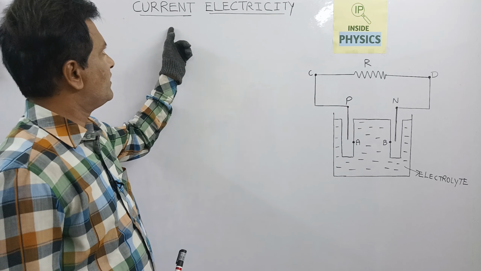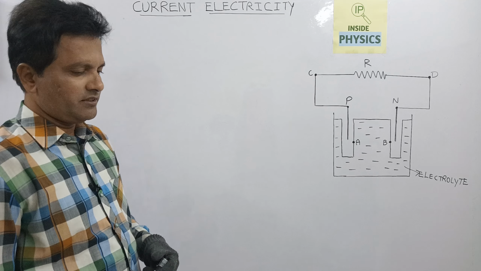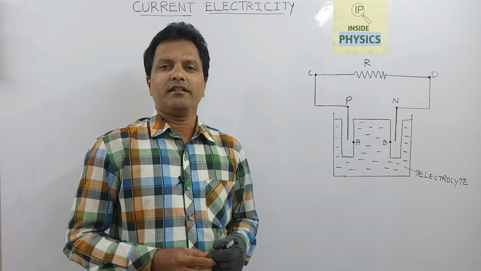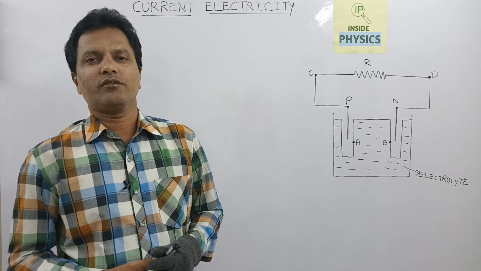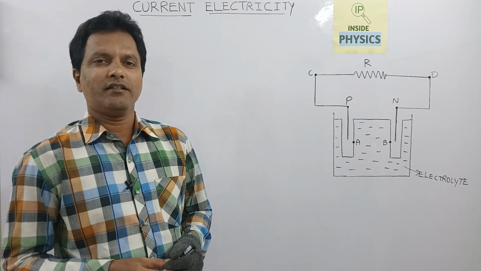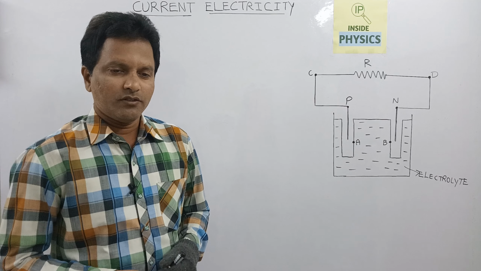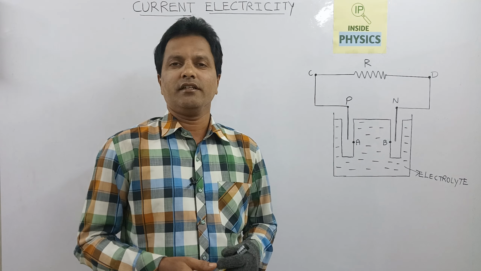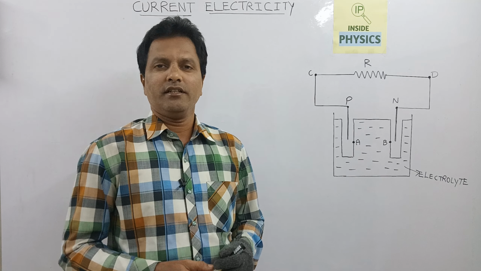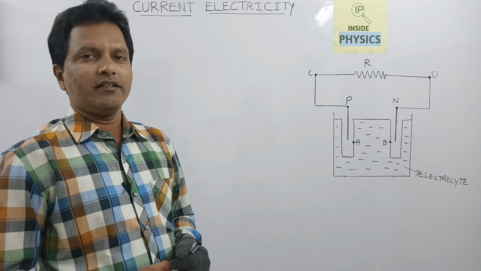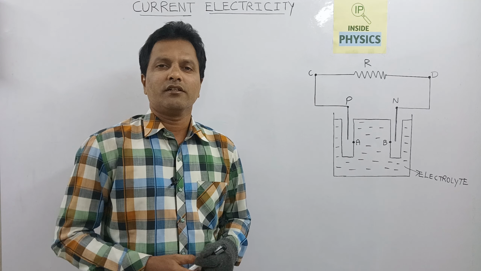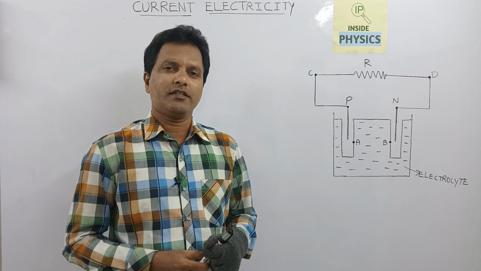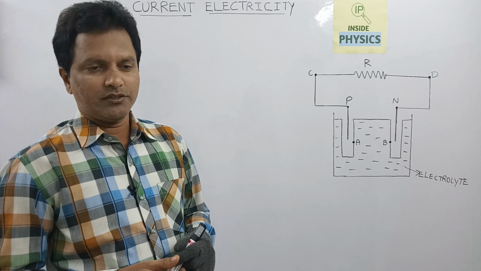In our current lesson on current electricity, I am going to explain about cells and their EMF, that is electromotive force, and their internal resistance. In cells, what kind of cells are generally used? Generally, electrolytic cells and dry cells are used for generating a potential difference across circuits.